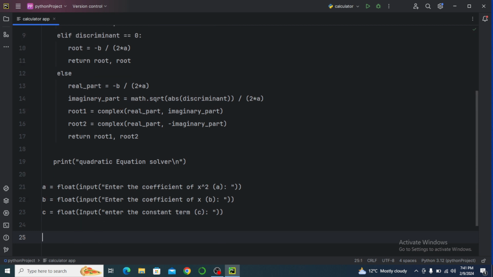So what else again? So we're going to say again, if instance root comma complex, would you print root 1 and root 0? Okay, let's do it this way.